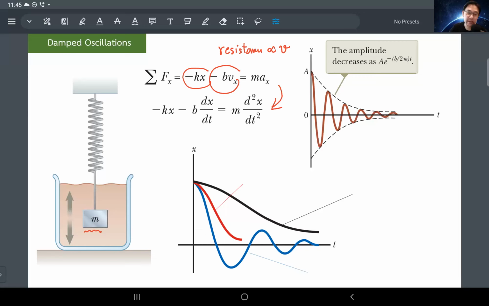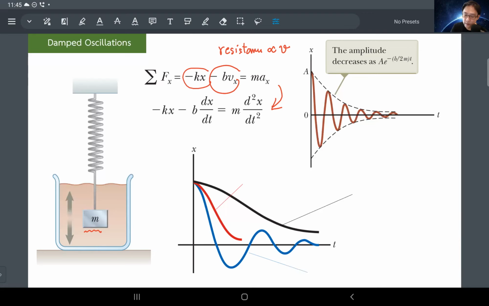You might have to do some integrating factors, all this stuff. But the key is, calculus will show you how to solve this one, but that's not our point. Our point is this. You kind of get a sense of what's supposed to happen when the mass has resistance in it. Can you guess what will happen?